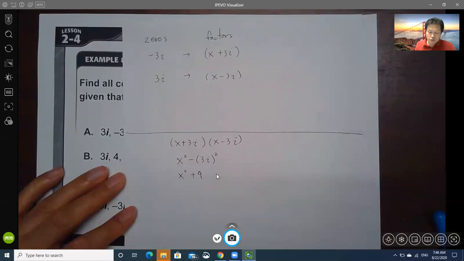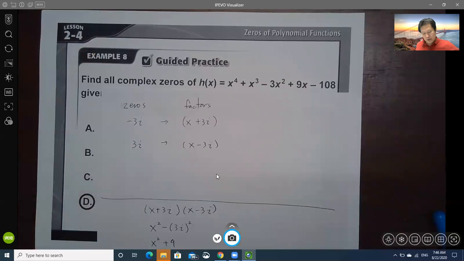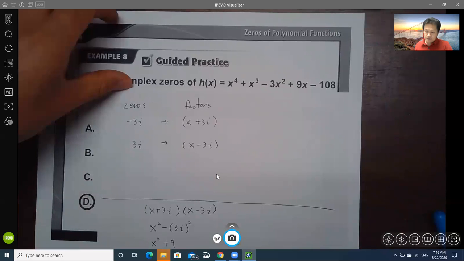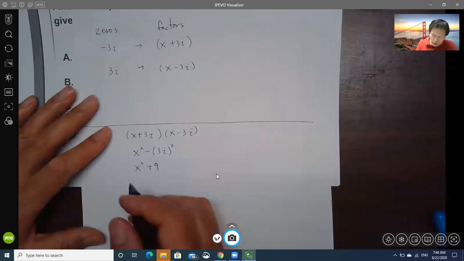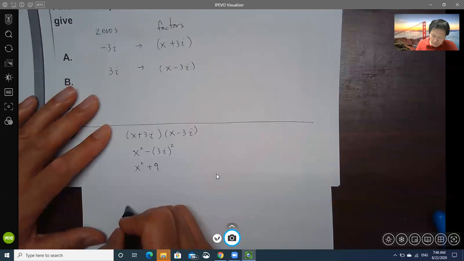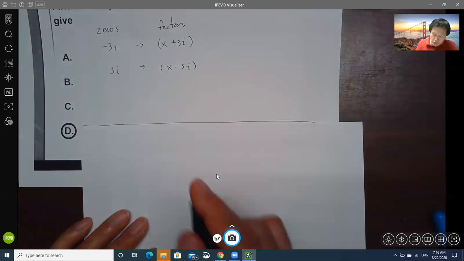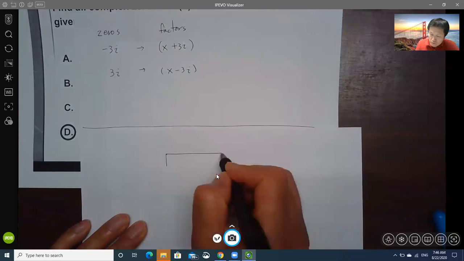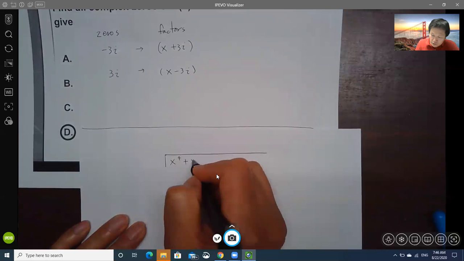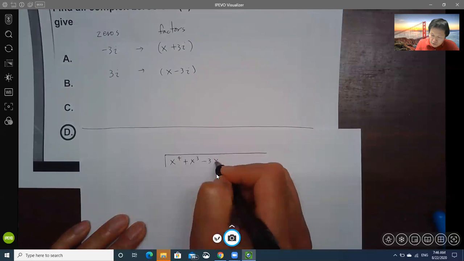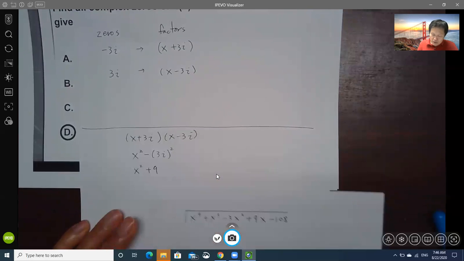Now you will have to do long division. That will be a little interesting here. 4, 3, 2, 1, 0 power, so you can line them up. Long division: x to the fourth plus x to the third minus 3x squared plus 9x minus 108, divided by x squared plus 9.